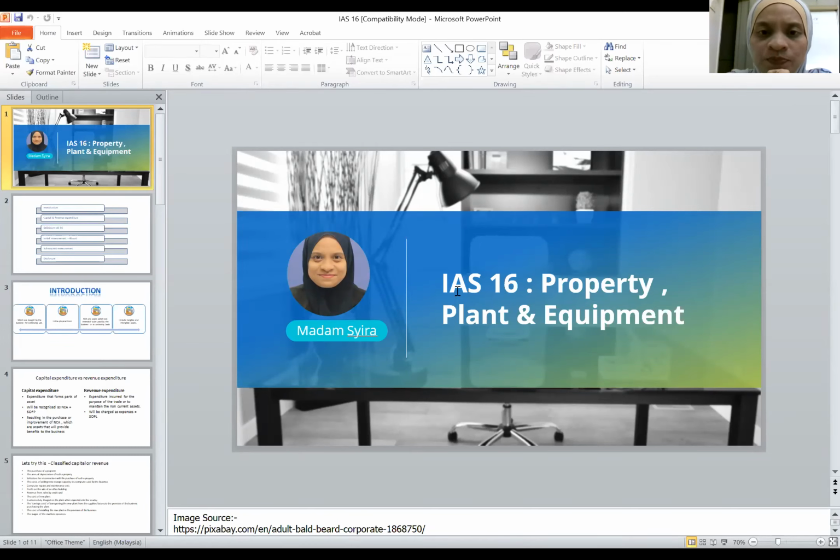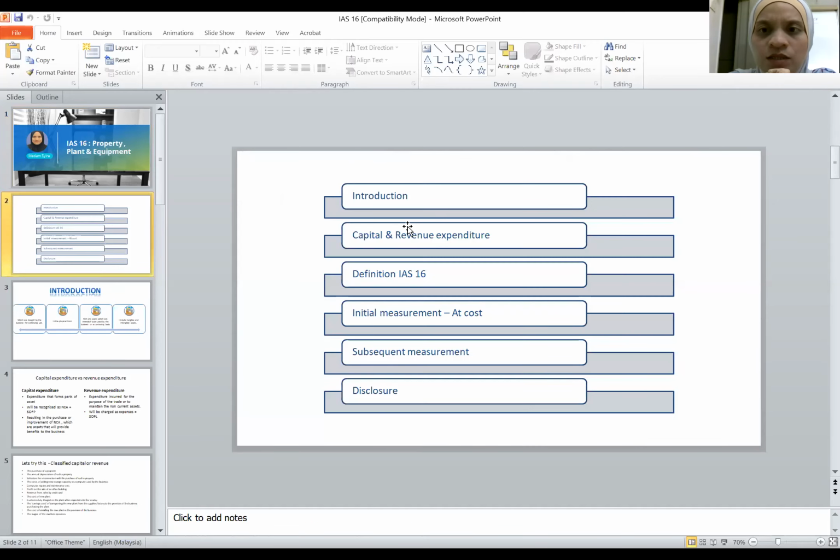So according to IAS 16 Property, Plant and Equipment, what is important for your exam is the introduction, which is what is an asset. An asset is something that you control. The keyword is control. Then you must be able to distinguish between capital and revenue expenditure.